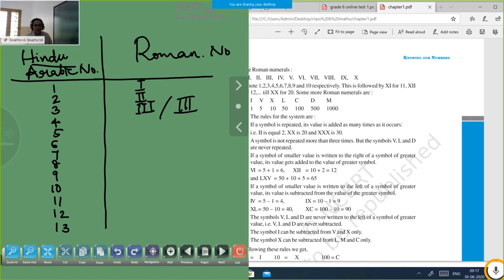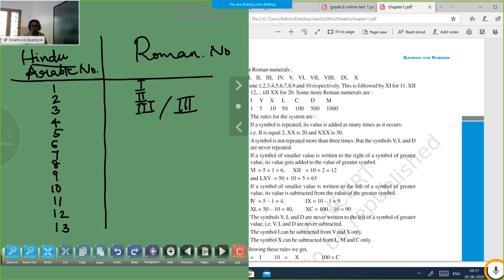We can repeat the number I maximum 3 times. For 4 we cannot write I 4 times. That is wrong. We can repeat a Roman number maximum 3 times.